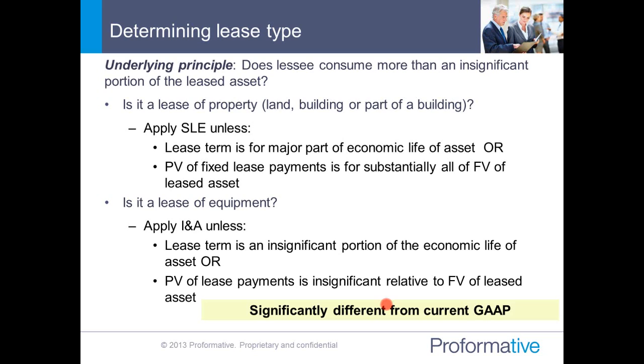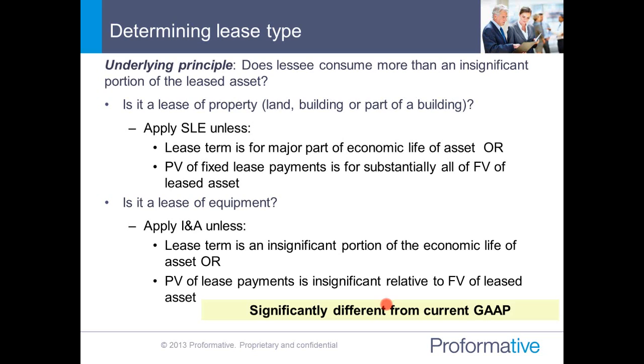In an equipment lease, they presume that the equipment lease is an I&A lease, meaning they presume that the equipment lease is equivalent to a capital lease, even though legally it's still an operating lease or an executory contract, unless the lease term is for an insignificant portion of the economic useful life, or the PV of the lease payments is insignificant relative to the fair value of the leased asset.